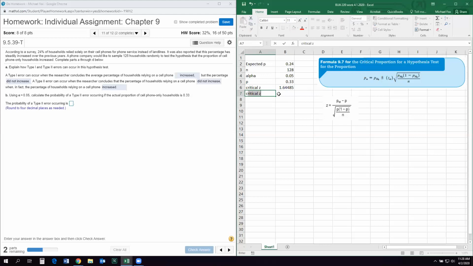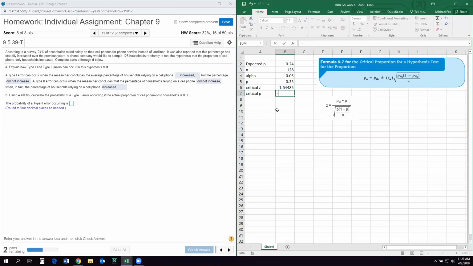Then we have to find the critical P. The critical P is this critical proportion formula right here. Because we're testing that our proportion is greater than, we're going to use the positive of the plus or minus.